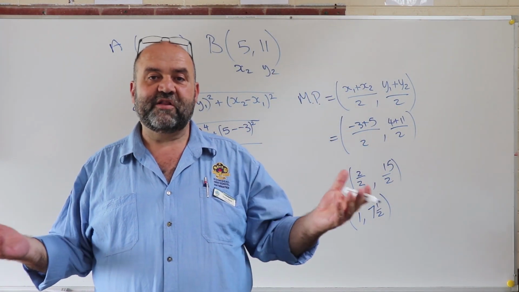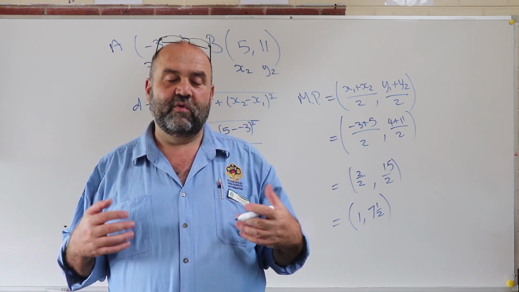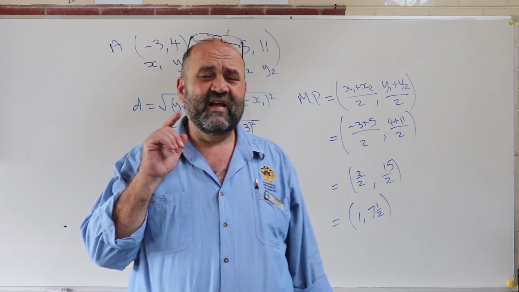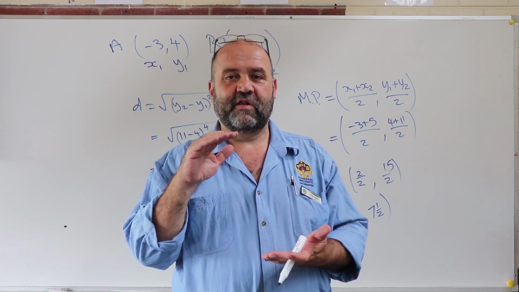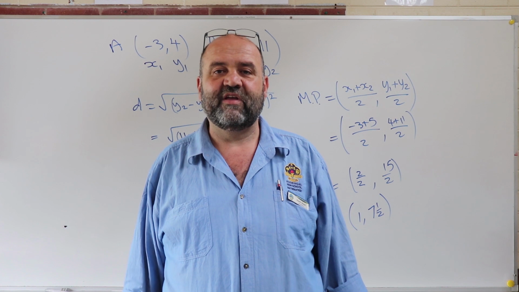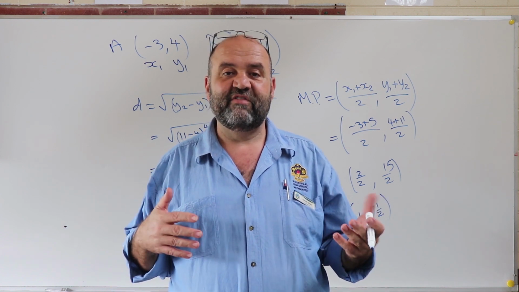Okay guys, that's distance and midpoint. We saw where the formulas came from, we saw what the formulas were. Just before chapter 6a starts, there's some little reminders for you of some different qualities of different quadrilaterals.